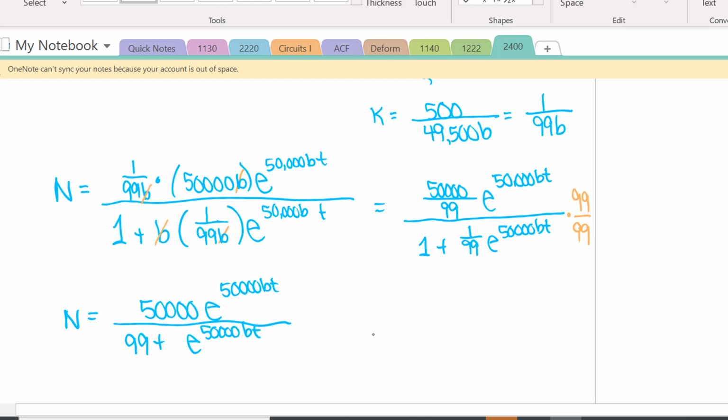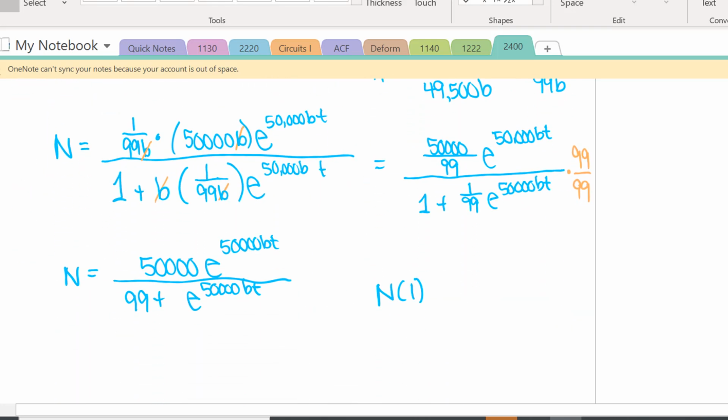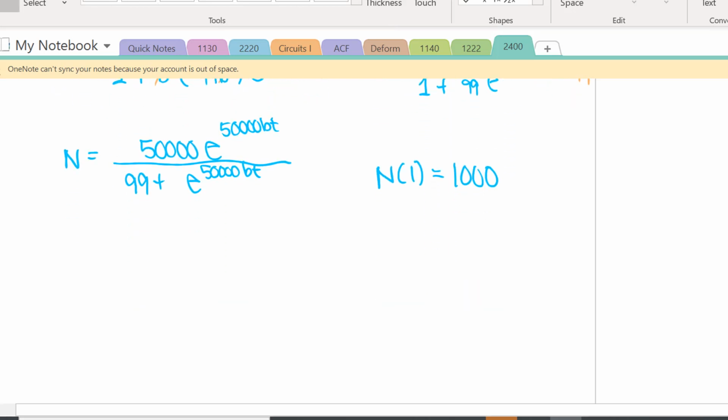Now I will use the fact that n of 1 is 1,000, because I still have to figure out what b is, right? T should be part of my formula. T is time, and that's changing, but I should be able to figure out what b is. So I'll plug 1,000 in for n and 1 in for t.